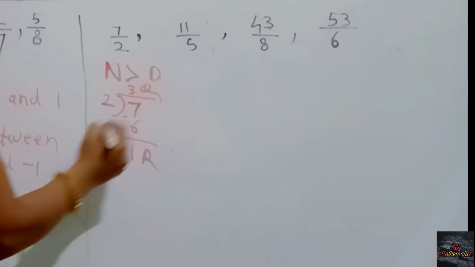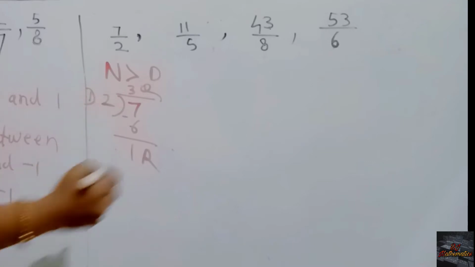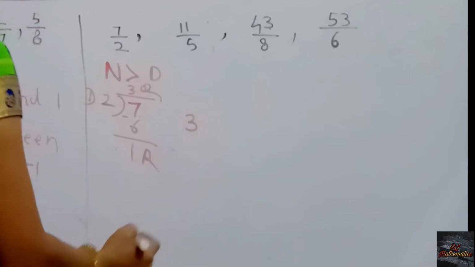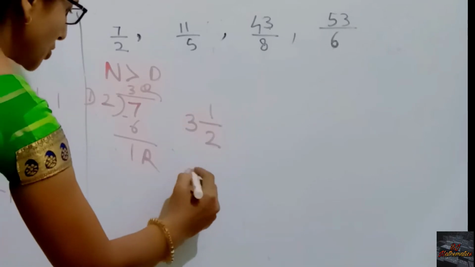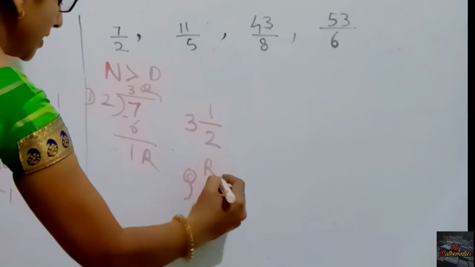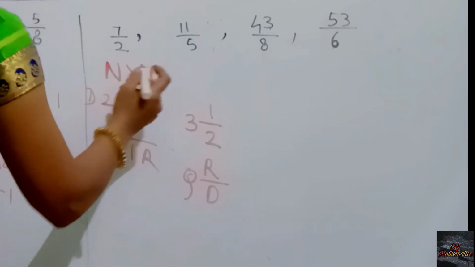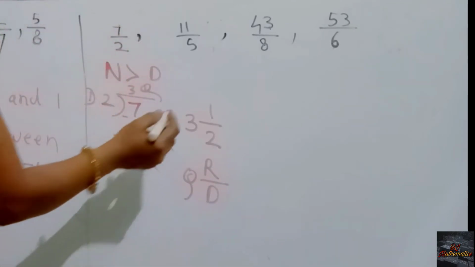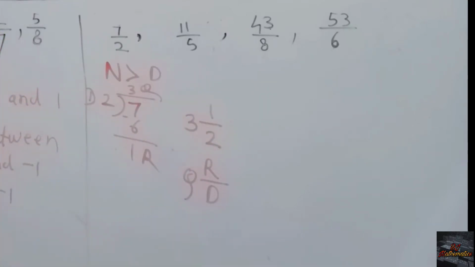Quotient is 3 and divisor is 2. Means 3 integer 1 by 2. Quotient integer, remainder by divisor. 7 by 2 is written as 3 integer 1 by 2 in mixed fraction.